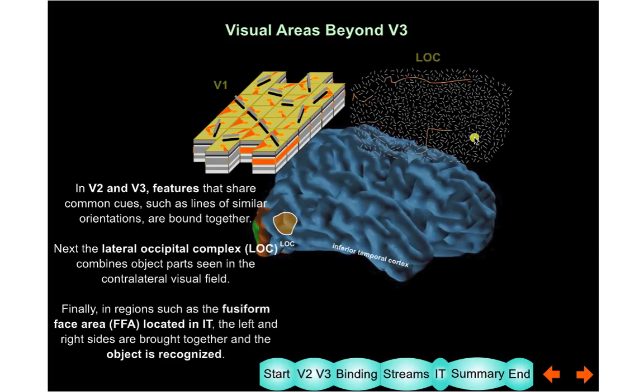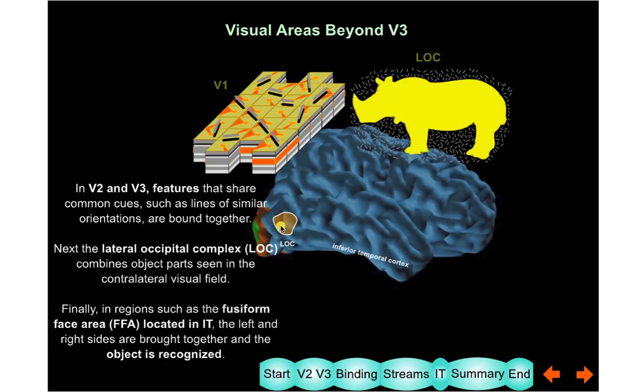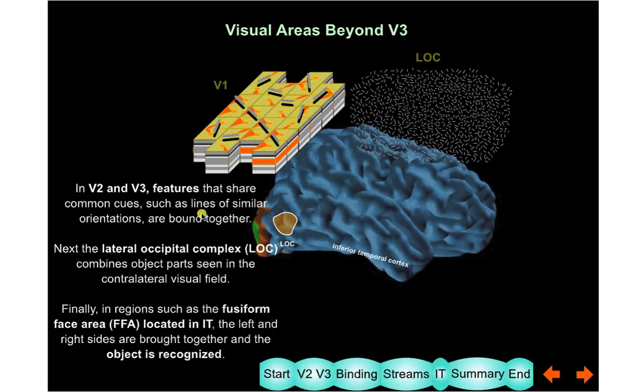And at least the top and bottom of the object is calculated here, and its opposite side is calculated in the LOC on the other side of the brain, the left side of the brain.